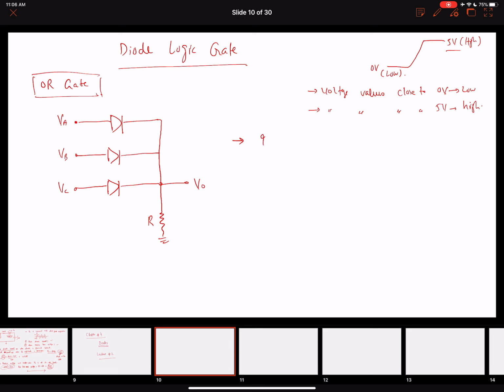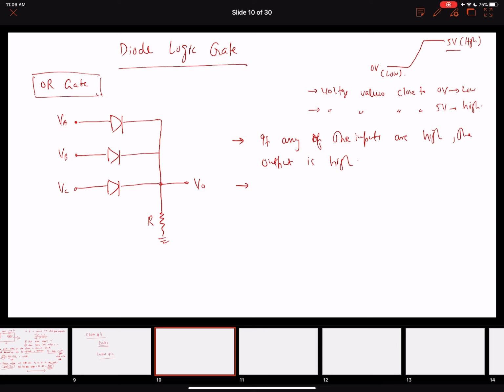So for an OR gate, if any of the inputs are high, the output is high.